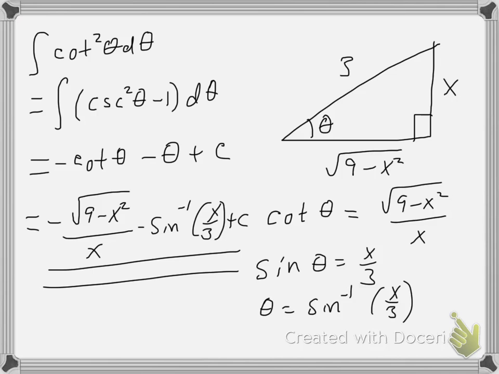Let's take a look at another example. So let's say we wanted to find the integral of 1 over x squared times the square root of x squared plus 4 dx.